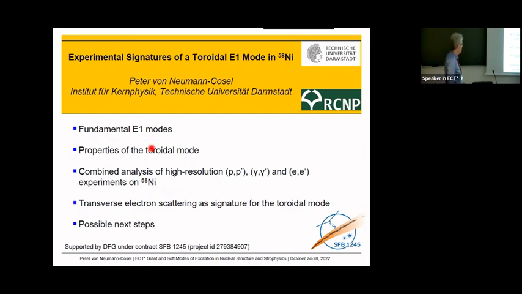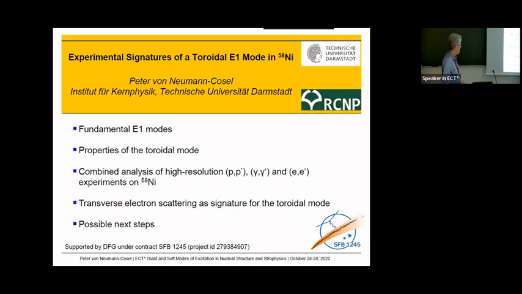Then briefly remind you of this combined analysis we did using high resolution data in proton, photon, and electron scattering in nickel 58. And then want to convince you that transverse electron scattering may be a signature for this toroidal mode. And then in the end, discuss possible next steps and possible ideas how to attack this problem of the toroidal E1 mode.